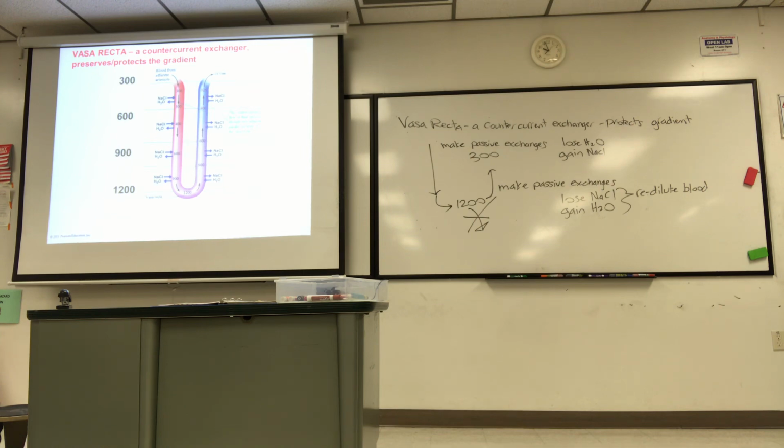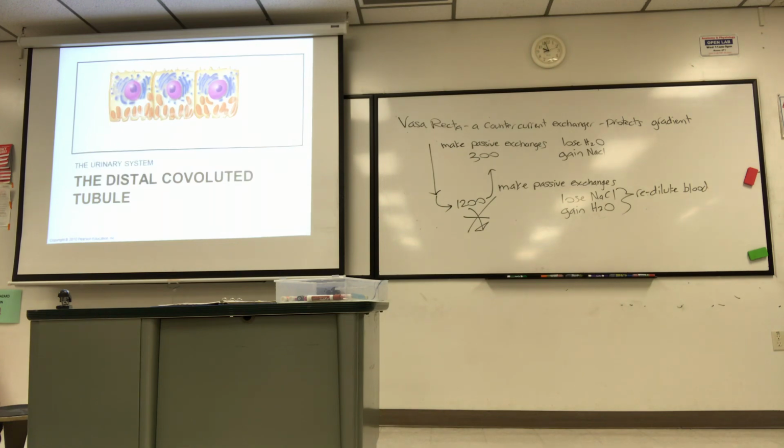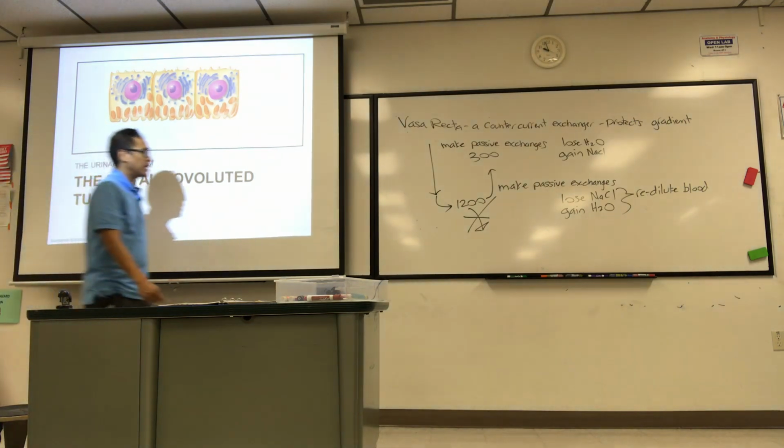Okay, we'll answer this. What's next? What's the next part of the nephron? The DCT. So we're getting close to the end of the nephron. The distal convoluted tubule, the question I always ask is, what's left to be absorbed?